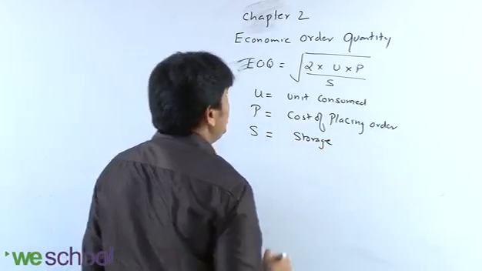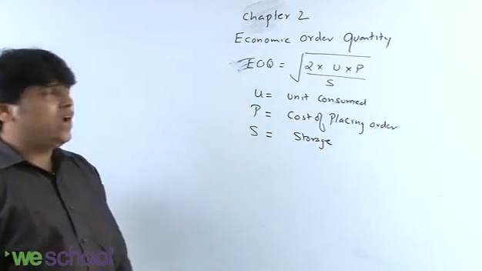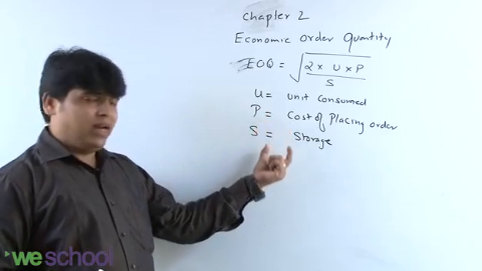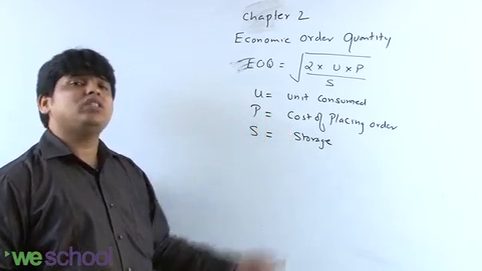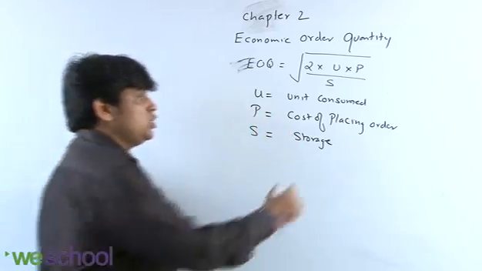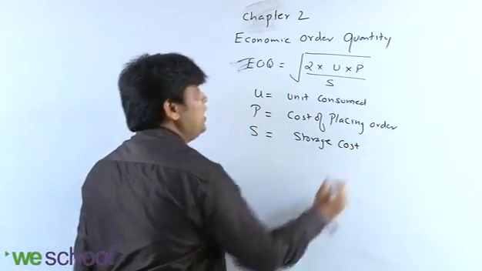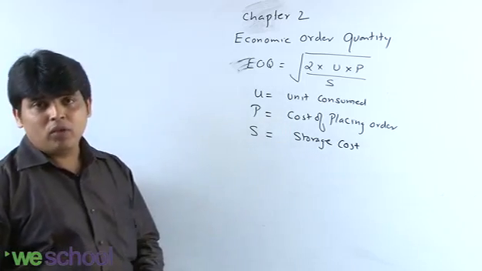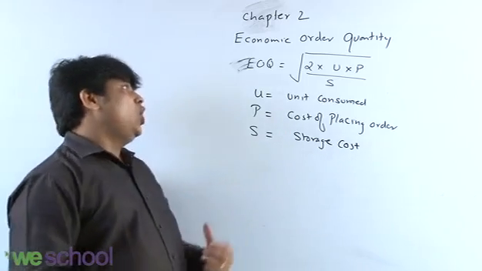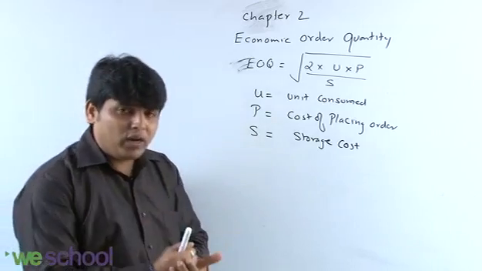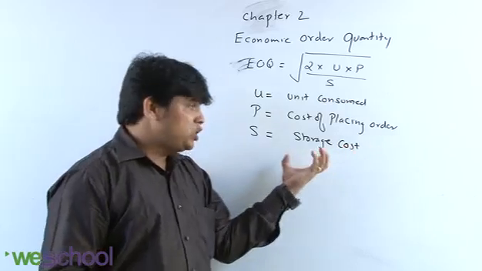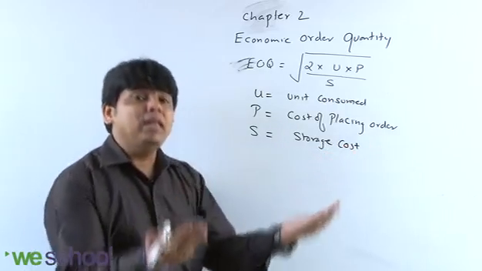As you all know, economic order quantity is that quantity at which ordering cost and storage cost will be at the minimum. So in order to find that economic order quantity, we have to use this formula. Economic order quantity is that quantity where your cost of placing the order and storage cost will be at a minimum level.